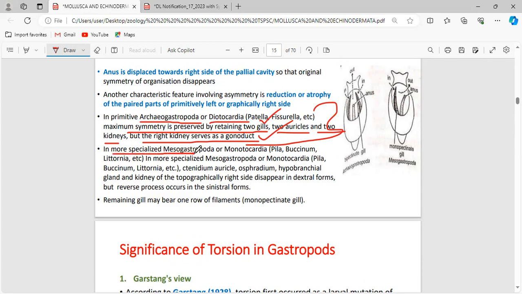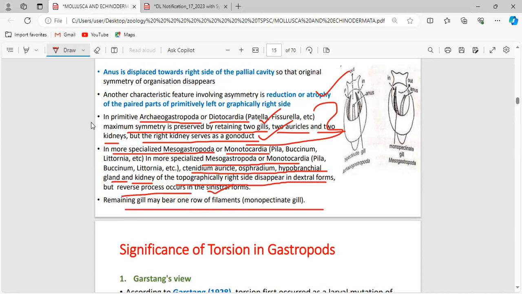In more specialized Mesogastropoda or Monotocardia, the ctenidium, auricle, osphradium, hypobranchial gland and kidney of the topographically right side disappear in the dextral forms, but the reverse process occurs in the sinistral forms. The remaining gill may bear one row of filaments.